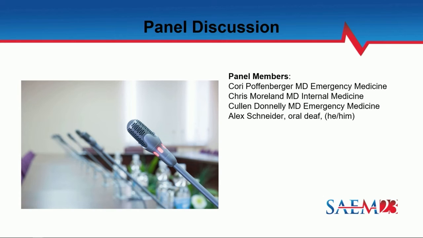I was wondering if the panel could address, are there best ways to address when accommodations simply don't exist, and how to possibly overcome that or apologize for that? Thank you.